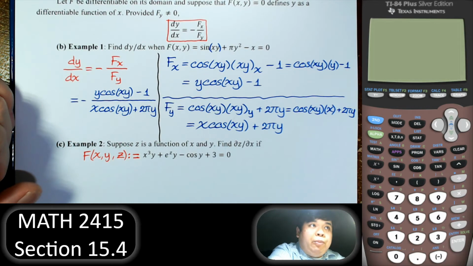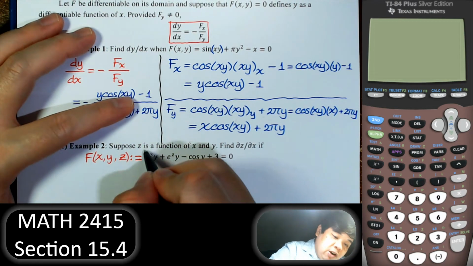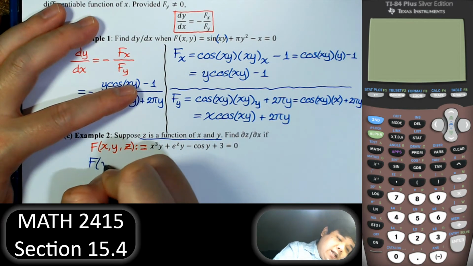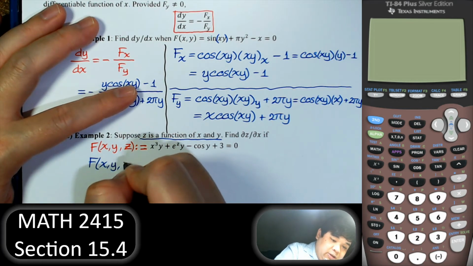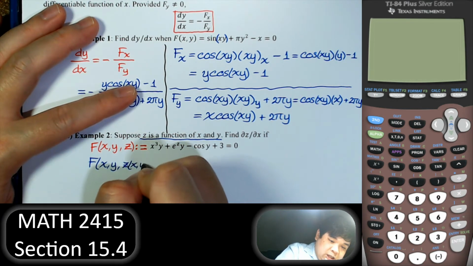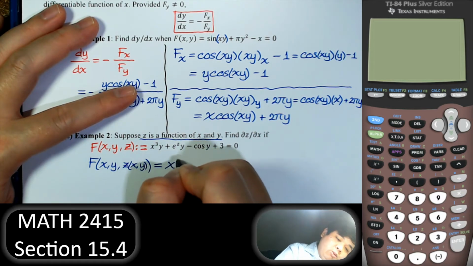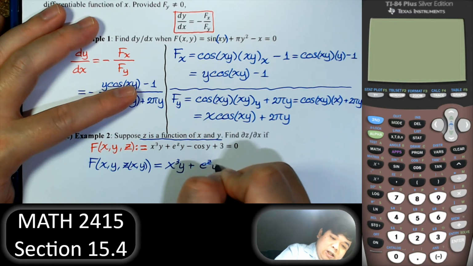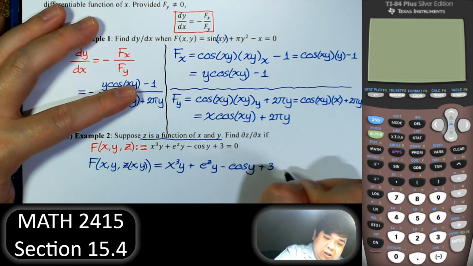But even more precise, we have z is a function of x and y, so we can write like this: f of x, y, and z is a function of x and y. We can even say x cubed y plus e to the z y minus cosine y plus 3.